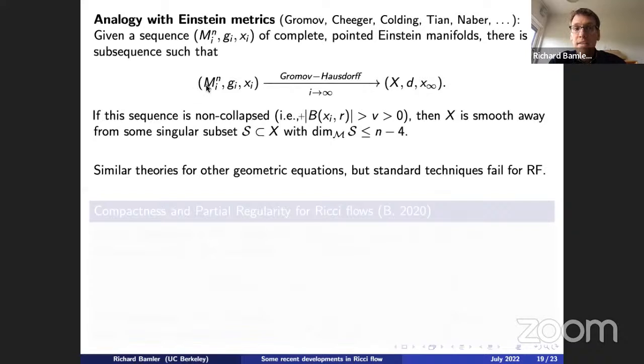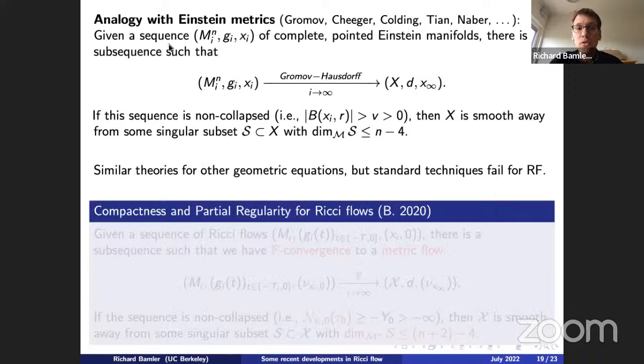And secondly, some of these notions like Gromov-Hausdorff convergence or metric space have not had some kind of parabolic version for Ricci flows. So what we needed to do to generalize this theory for Einstein metrics to the Ricci flow case was to come up with some new notions of Gromov-Hausdorff convergence or metric space in the parabolic sense, and also to find a way of proving partial regularity that bypasses some of the lack of these standard ingredients.